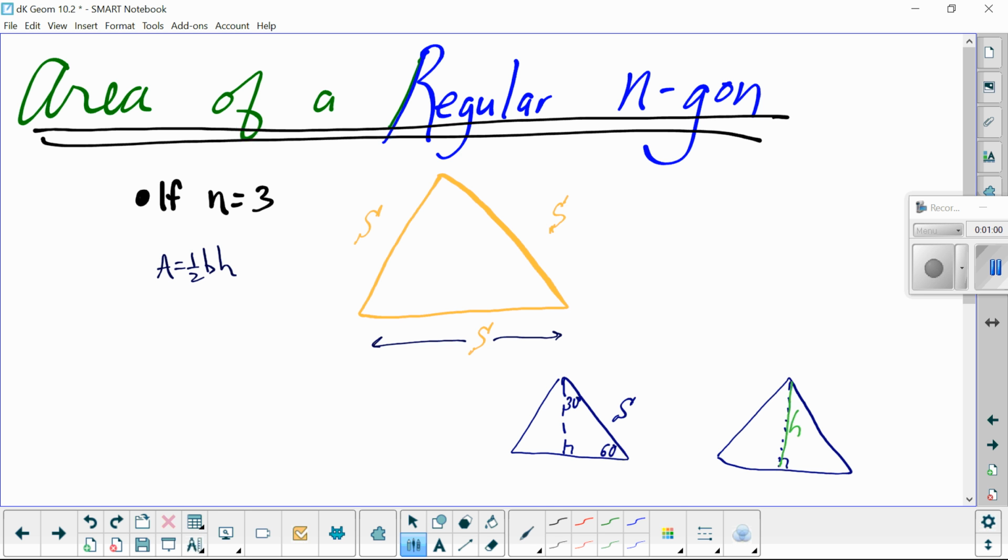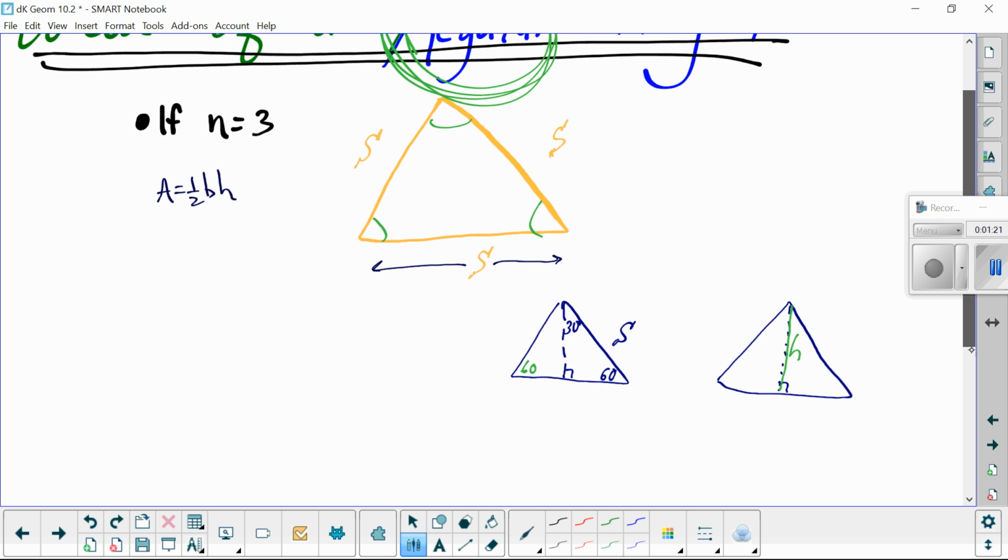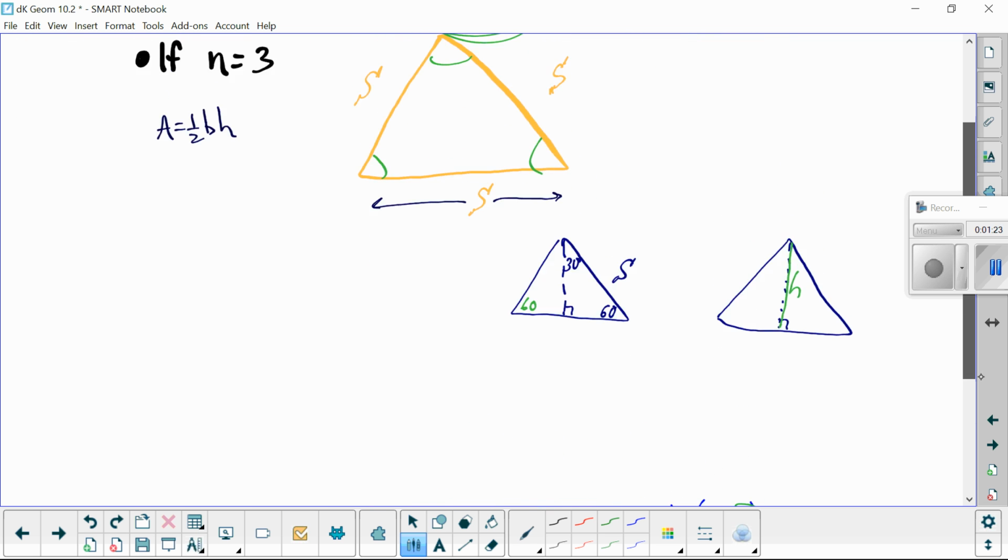Well, an equilateral, equiangular triangle has all 60-degree angles: 60 degrees, 60 degrees, 60 degrees. And if we drop the altitude down, that becomes a 30-60-90 triangle.